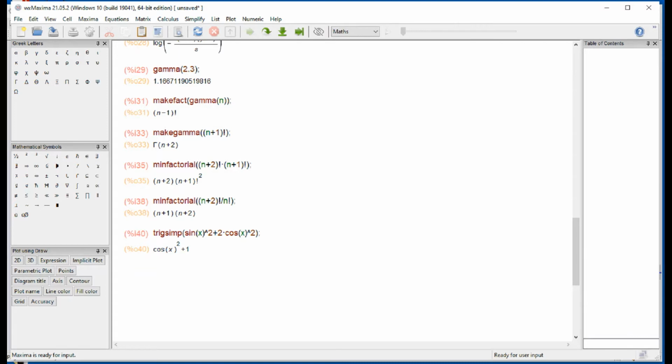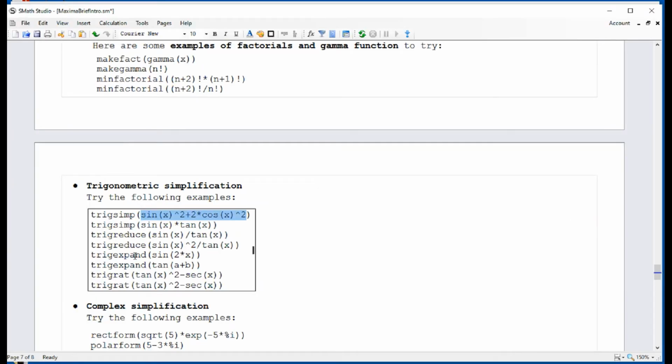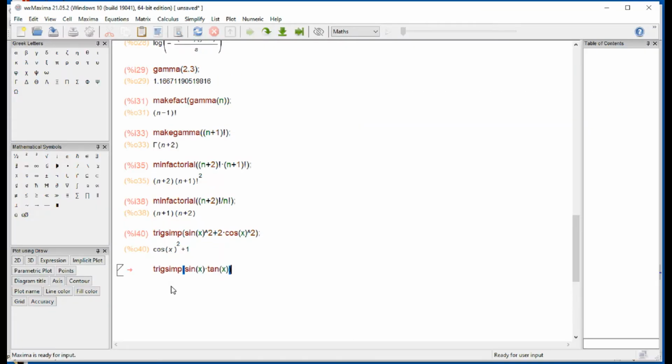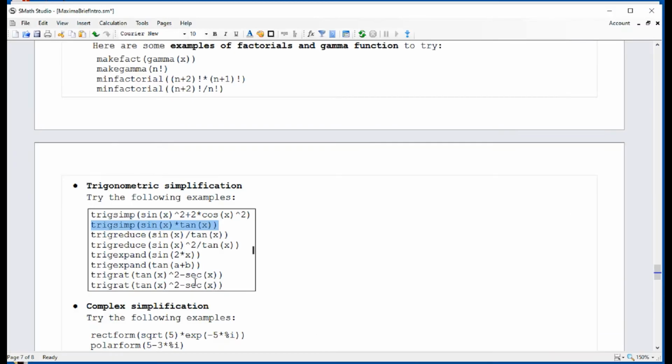The next example is another trig simplification, so I'm just going to copy the whole command. Control C, Maxima, Control V, shift enter. Sorry, click on it, shift enter. That gives me sine square of a cosine square. The next example is a trig reduce, and so I'm going to copy the argument already.